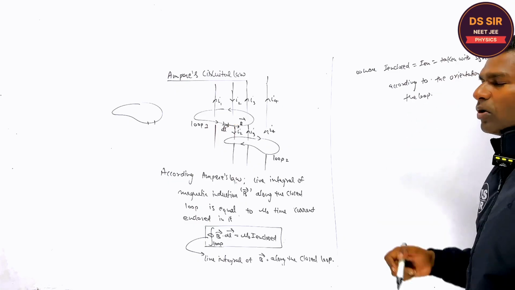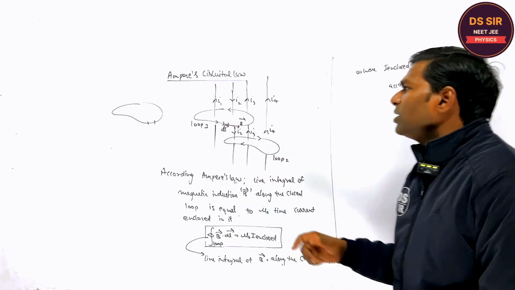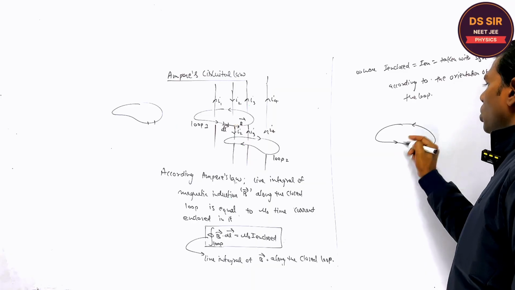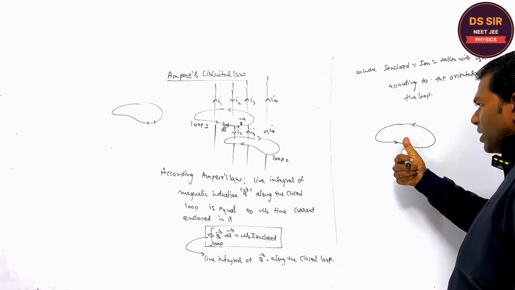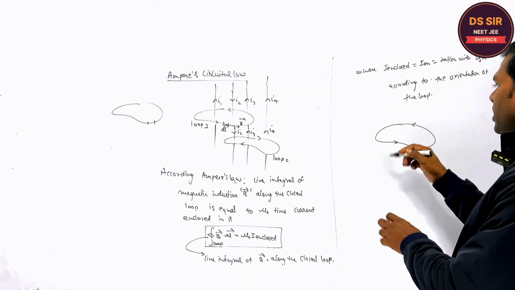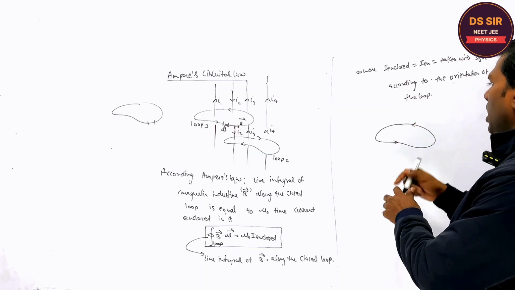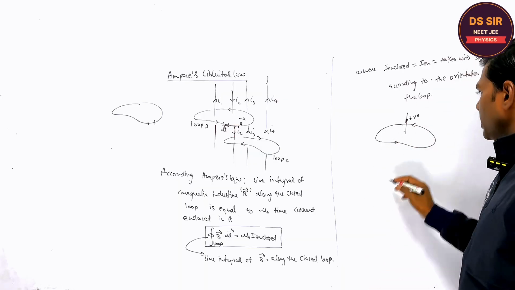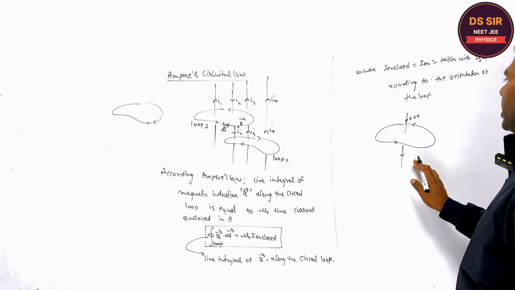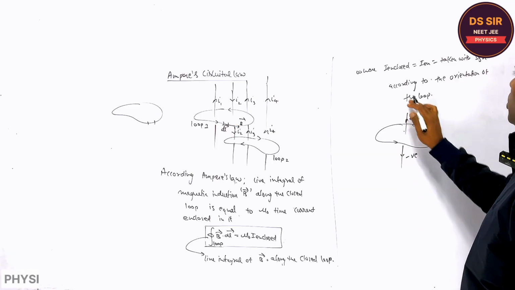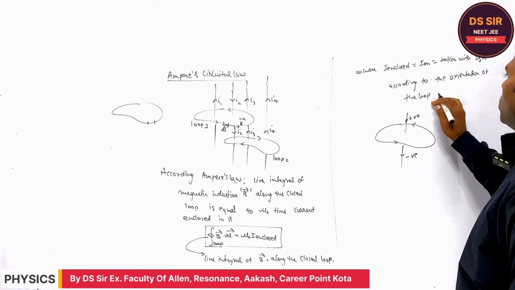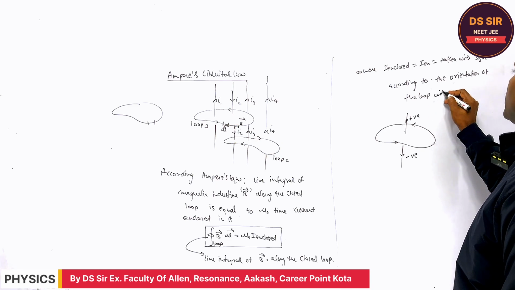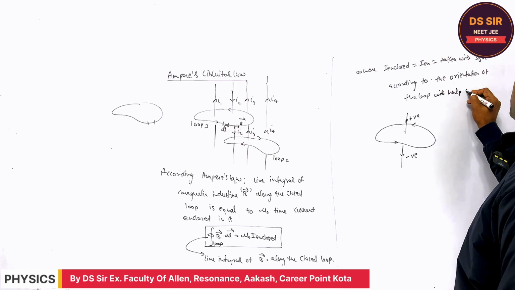Is it clear or not? For example, if you consider loop 1 and its orientation is given as the upward direction, so this direction is taken to be positive and this direction negative, according to the orientation of the loop, with the help of the right hand rule.